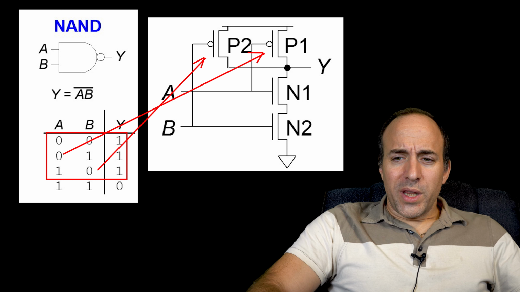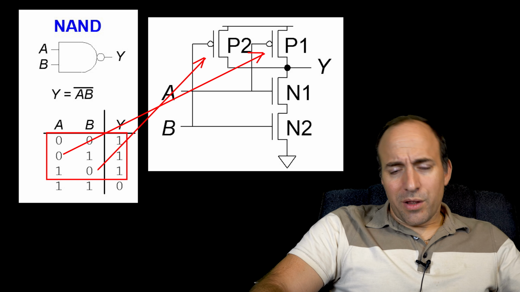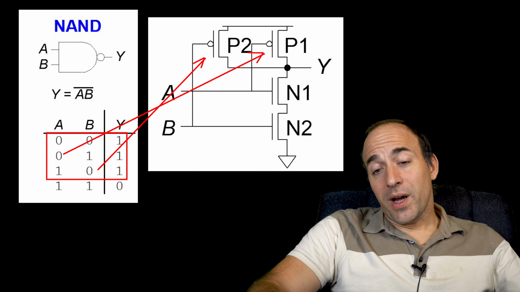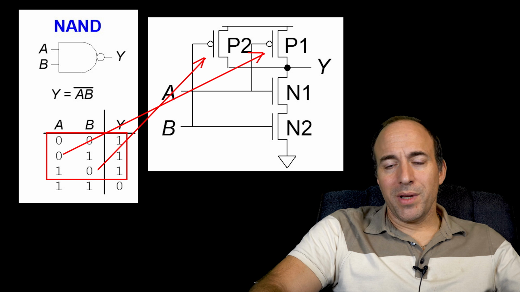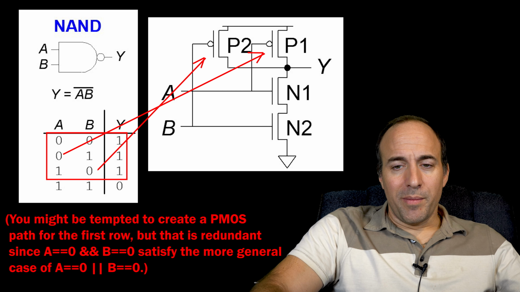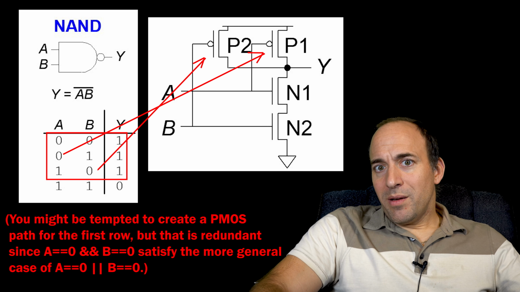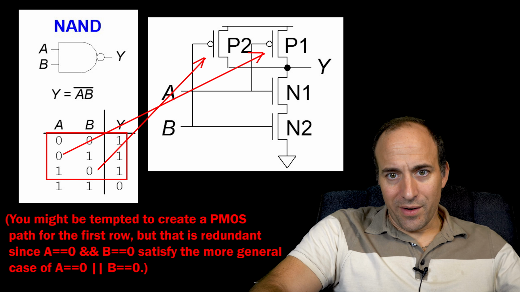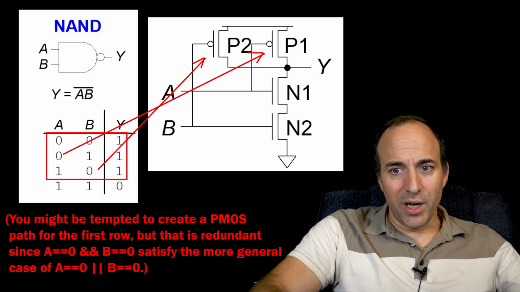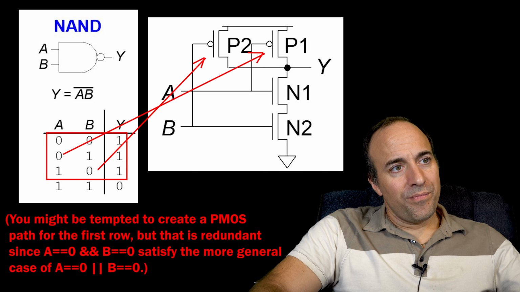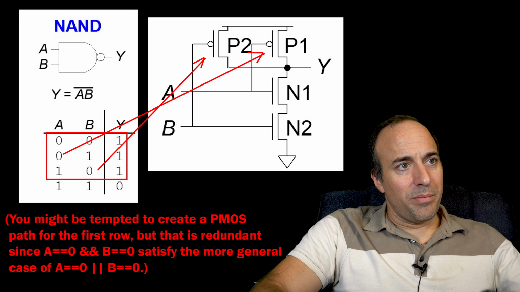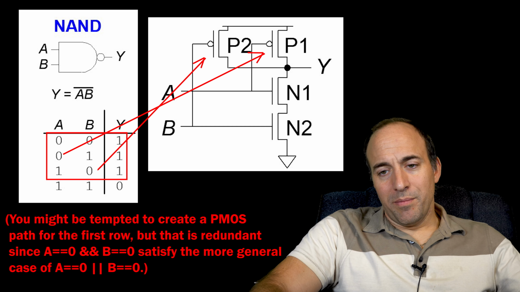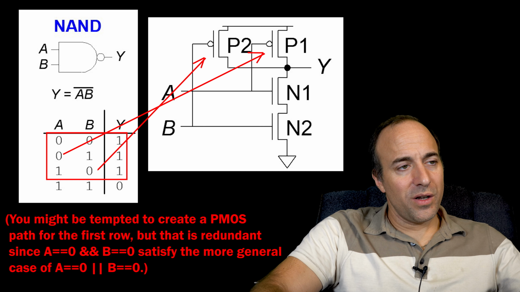The problem, though, with this is that the parallel path in which you have PFETs for A and B in series is redundant, because that path isn't necessary. If both A and B were 0, it would simply activate the 2 paths that we already have to VDD and pull the output up. So you don't need the path with the A and B PFETs connected in series, so we can eliminate that.